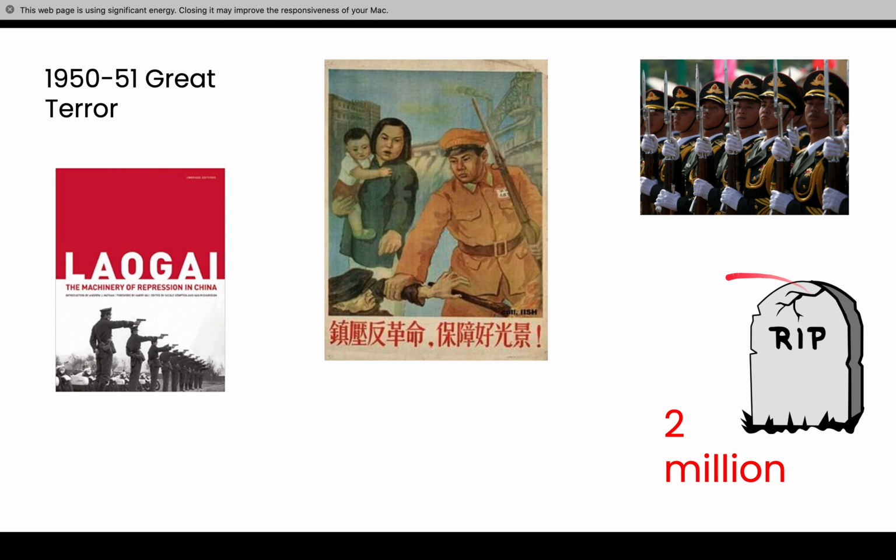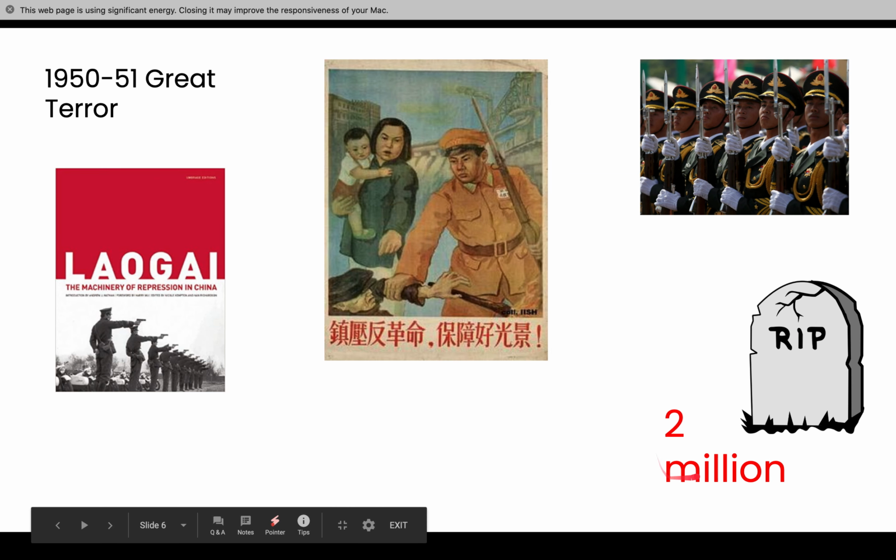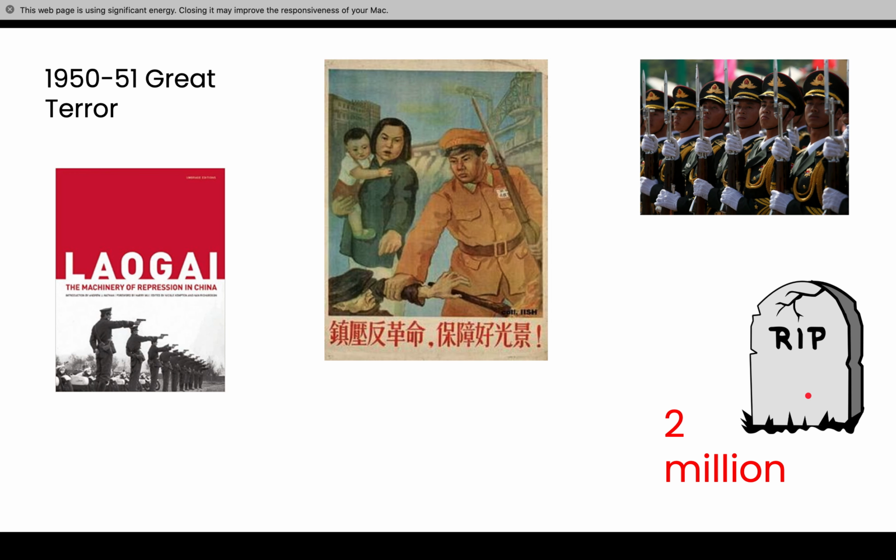It's estimated that during the Great Terror, 2 million people were sent to these laogais, and several more were shot dead. It is believed that between 1949 and 1976, Mao was responsible for the death of 25 million people through the use of laogais.